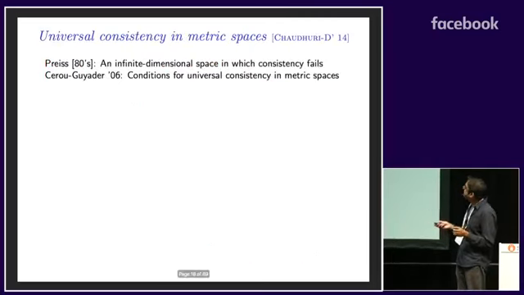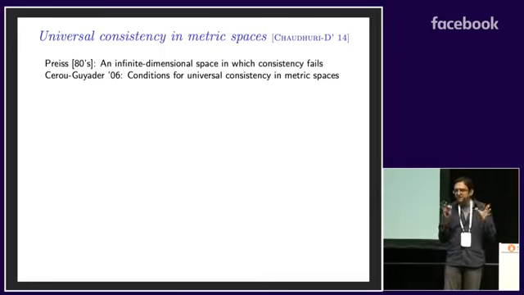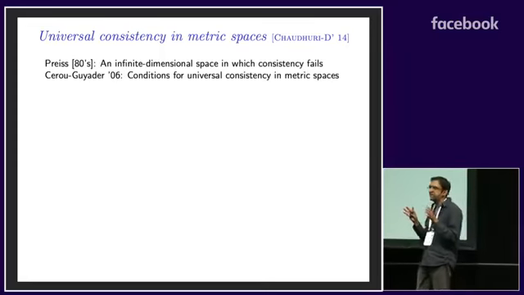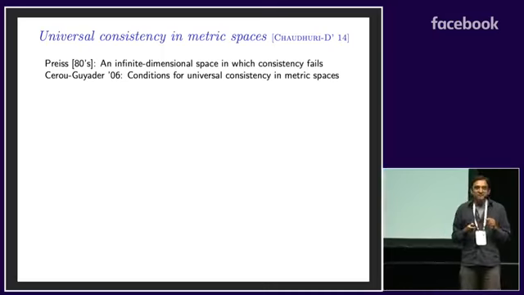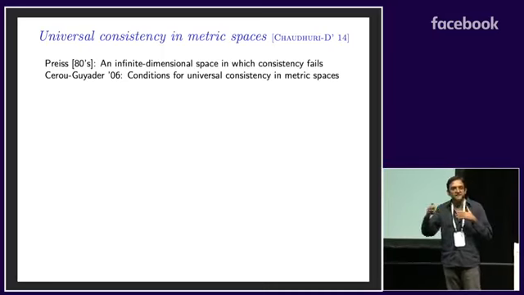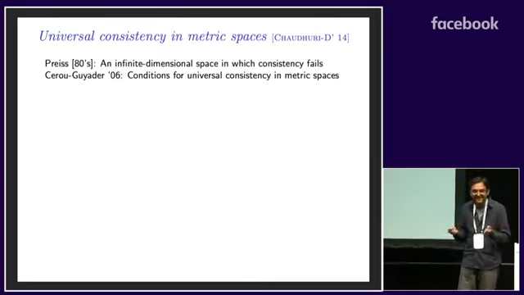And the answer is that it's not. You can come up with some really weird metric spaces, which are genuinely pathological, in which nearest neighbor is not consistent. But at the same time, there's been an effort, and it's continuing, to try and identify conditions on the metric space under which you do get continuity.